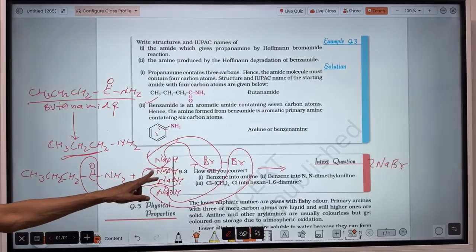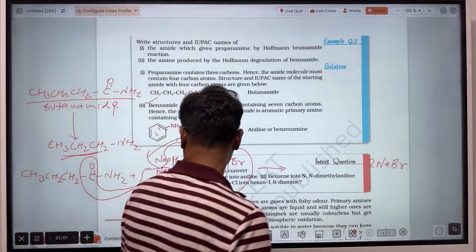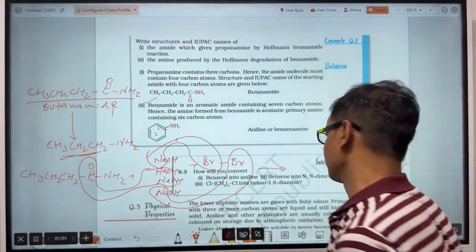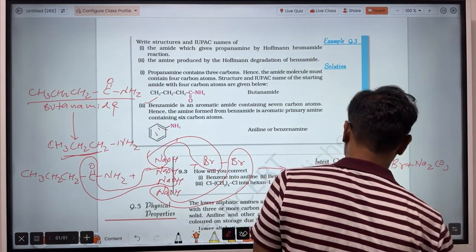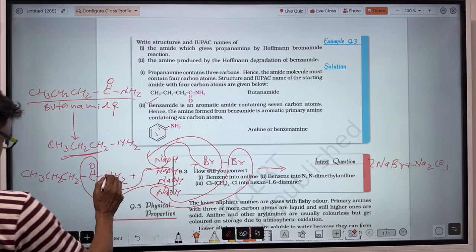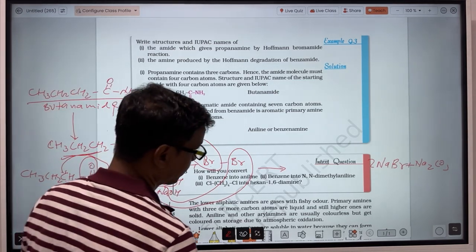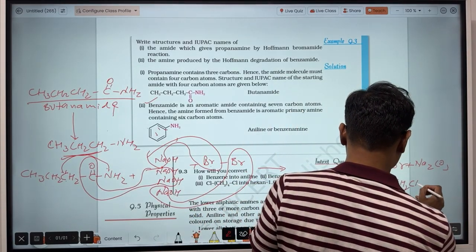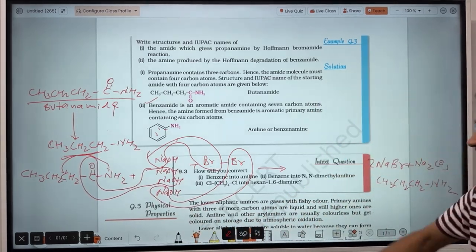And when these 2 NaO combine with this acyl carbon atom, that is 2 sodium, 1 carbon, and 3 oxygen, so there will be formation of Na2CO3. And this NH2 will bond to this carbon atom. So that will form CH3, CH2, CH2 and NH2. So propanamine is formed. This one.